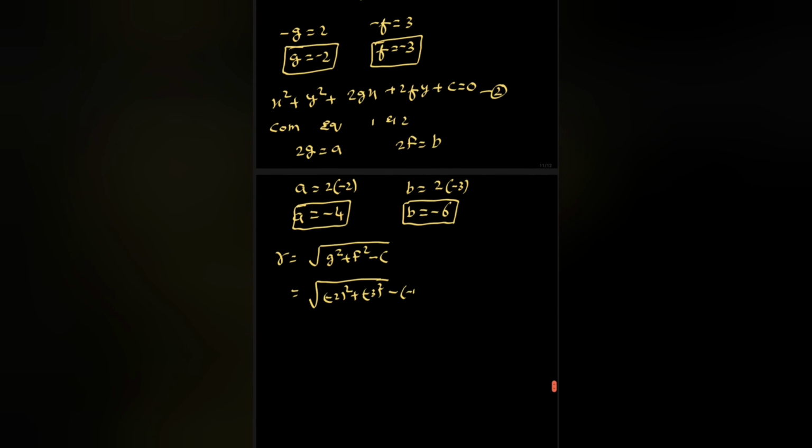So minus of minus 12, then we get root over 4, 3 square 9, plus 12, minus of minus, it is plus. Then we get root 25, which is 5. So r is equal to 5. So this is the answer.